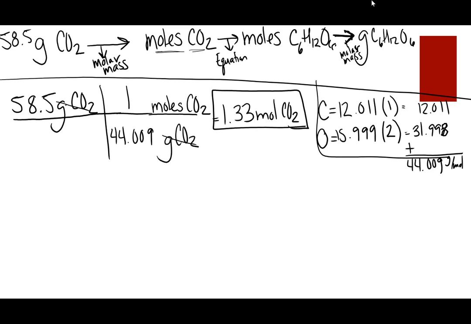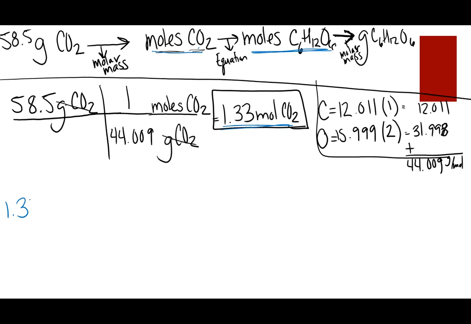All right, so step 2 is the new step. Step 2 is going from moles of carbon dioxide to moles of glucose. So a mole to mole conversion here. Okay. So the first thing I'm going to do is take my answer from the first step and write it down here as a new problem.